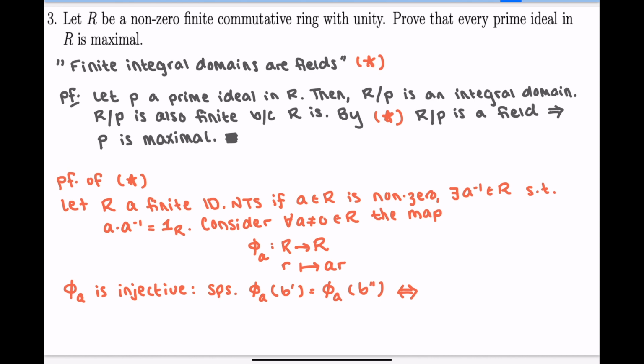Well, let's look at the map. This happens if and only if a b prime is equal to a b double prime. Moving things over, a b prime minus a b double prime is equal to 0. If and only if, factoring out a, a times (b prime minus b double prime) is equal to 0.